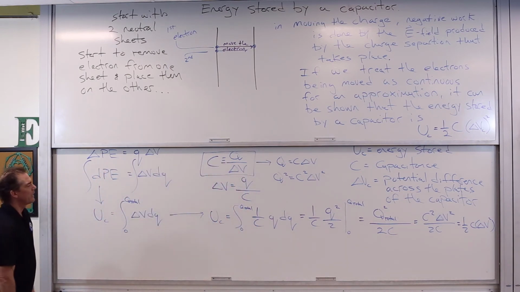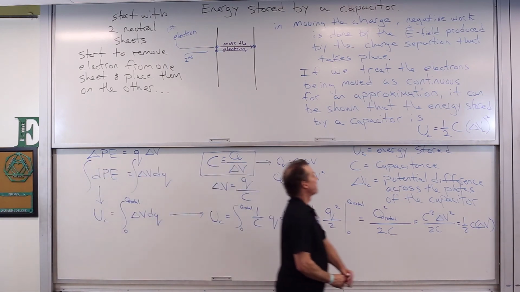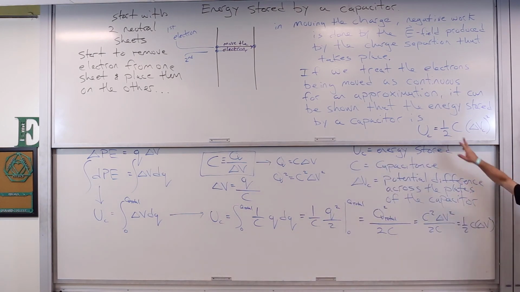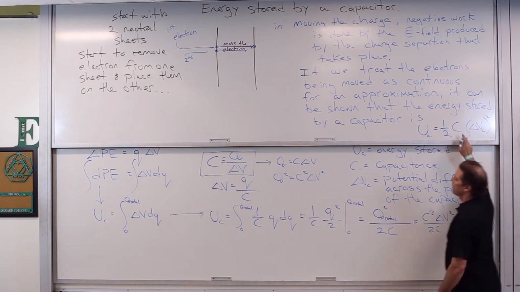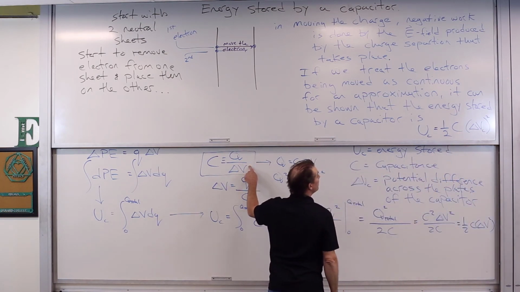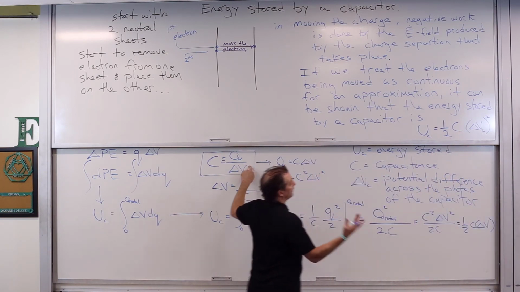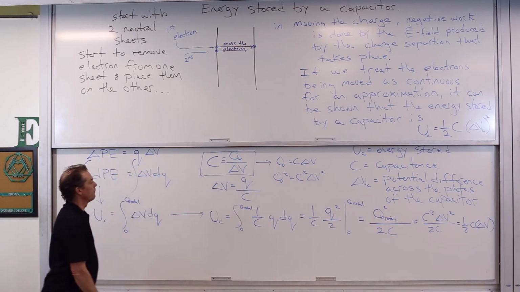There we go. And we can also get rid of C in favor of Q and delta V. And what are you going to get? With C equal to Q over delta V, we get 1/2 Q delta V. Another way to write it out.